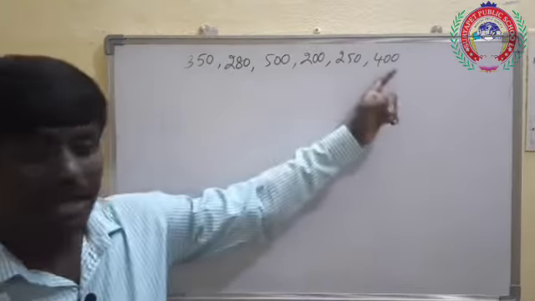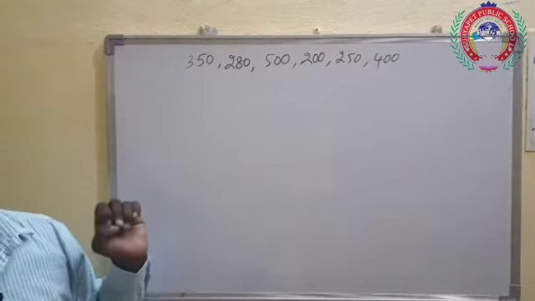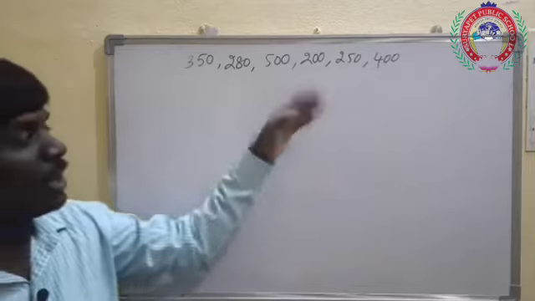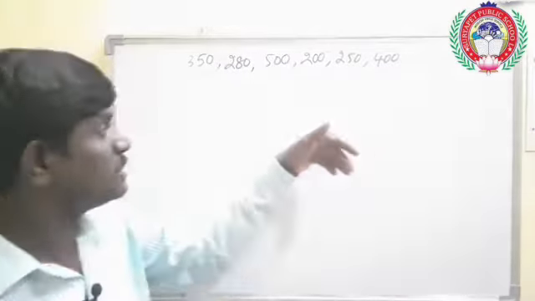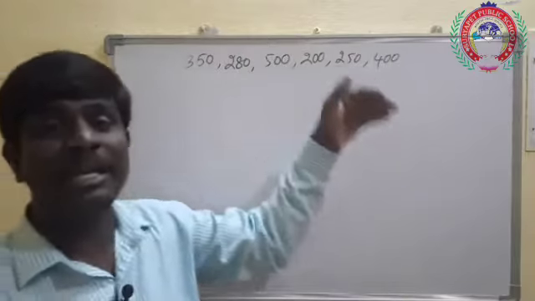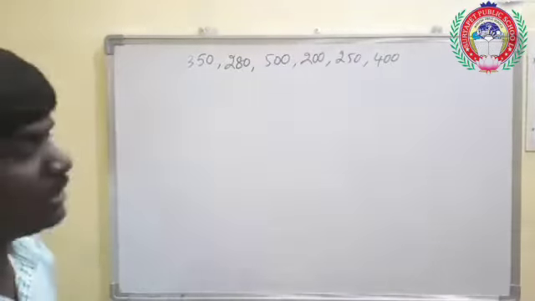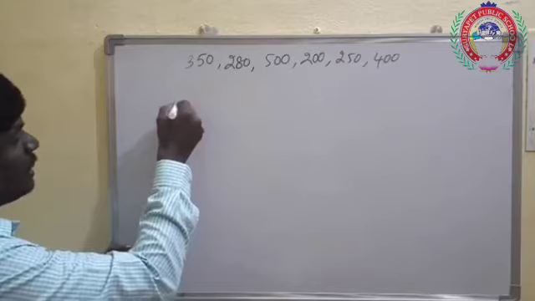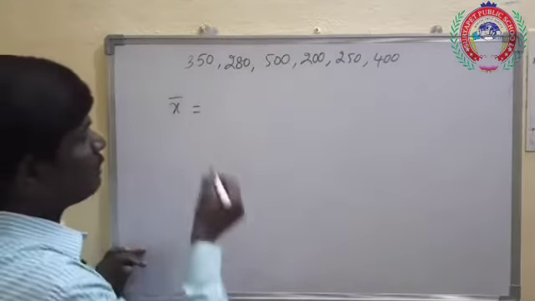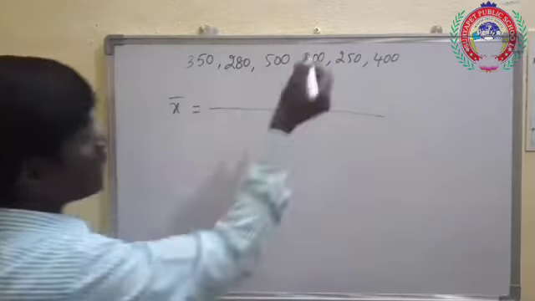So these are called observations. What do these observations refer to? These are daily income of the labor. Now let us find the mean income of this labor. How will we get mean income?